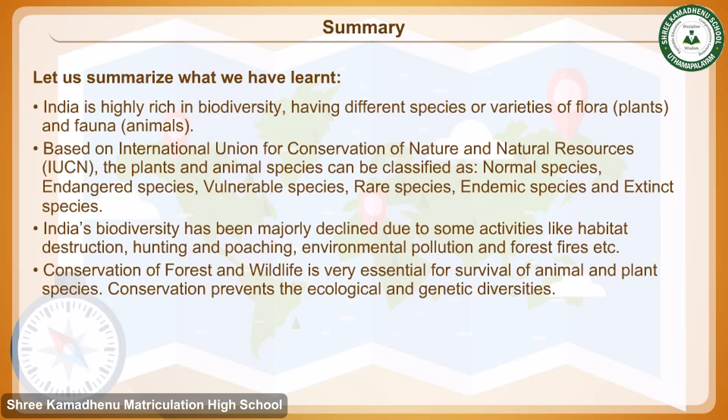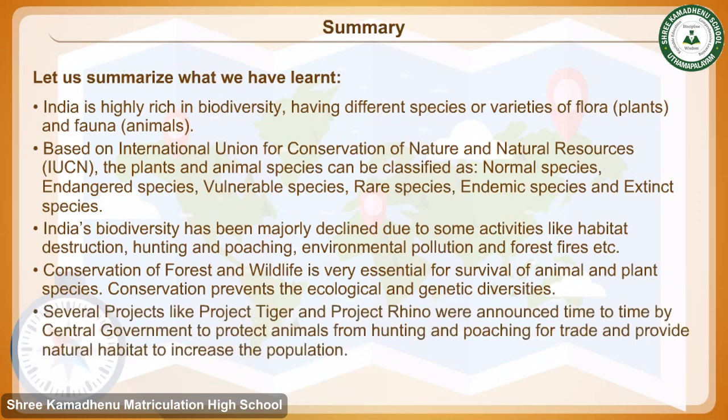Conservation prevents the loss of ecological and genetic diversities. Several projects like Project Tiger and Project Rhino were announced time to time by central government to protect animals from hunting and poaching for trade and provide natural habitat to increase the population.